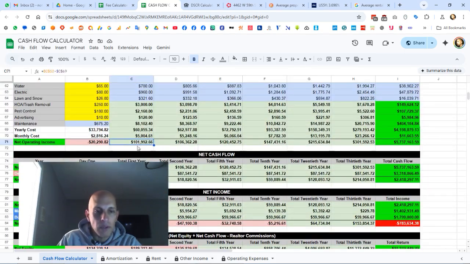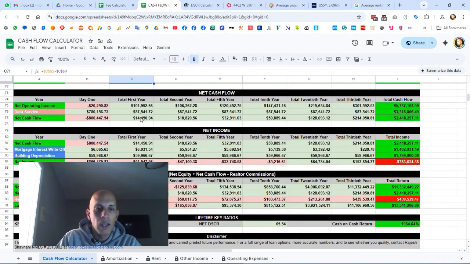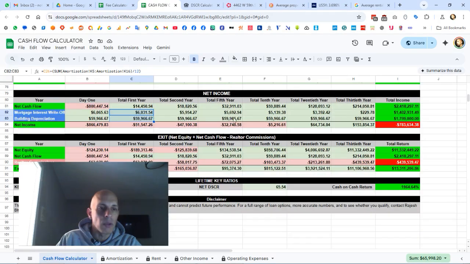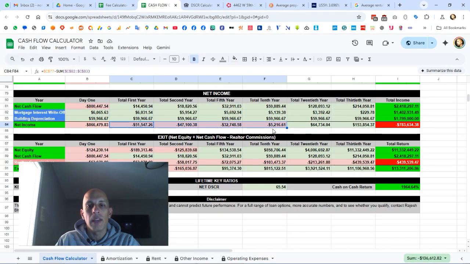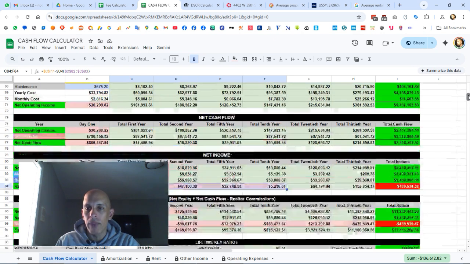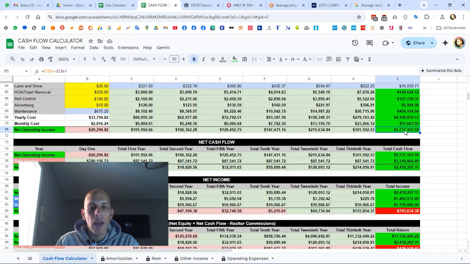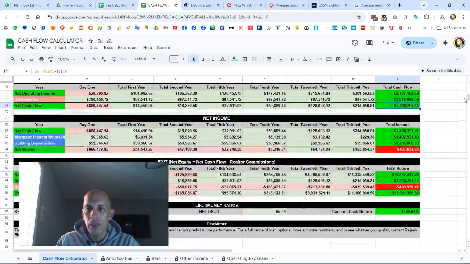So that means if you got net operating income of $100,000, you're going to be netting cash flow wise about $13,000, and from there you're able to deduct your mortgage interest write-off, you're able to deduct your building depreciation and show negative income that you can write off from this building. But in terms of cash flow, lifetime value of the cash flow that you're getting is $2.4 million, $2.418 million.